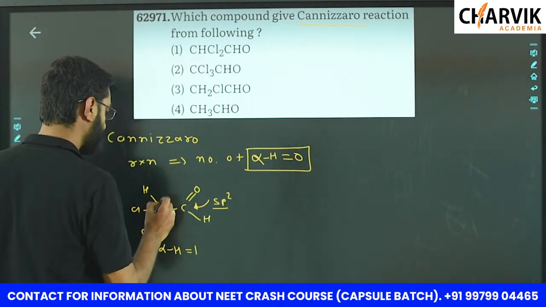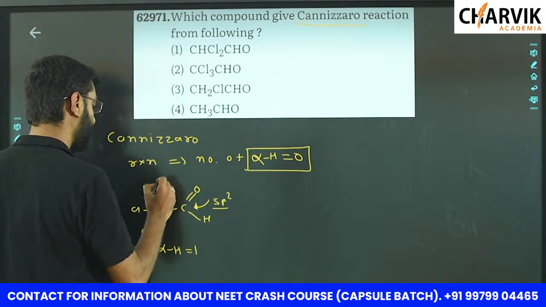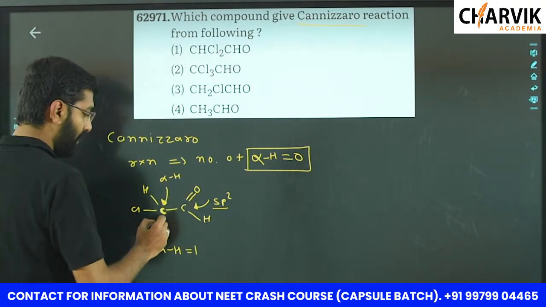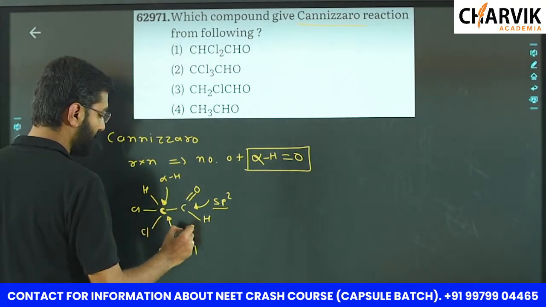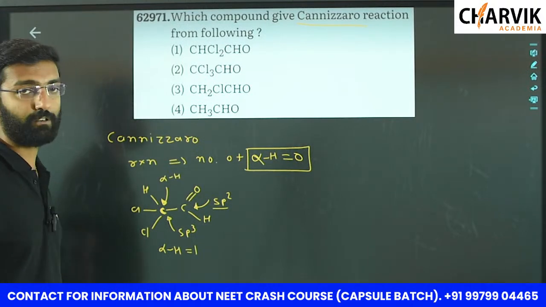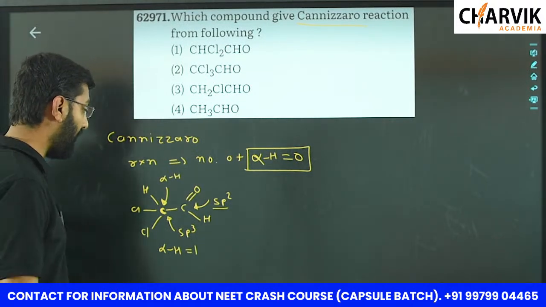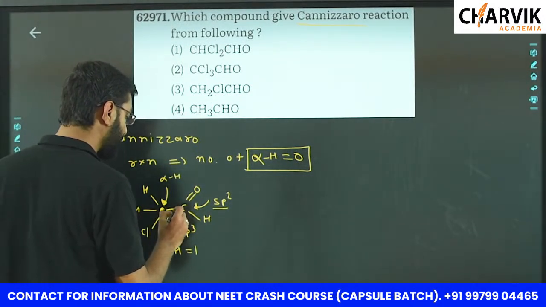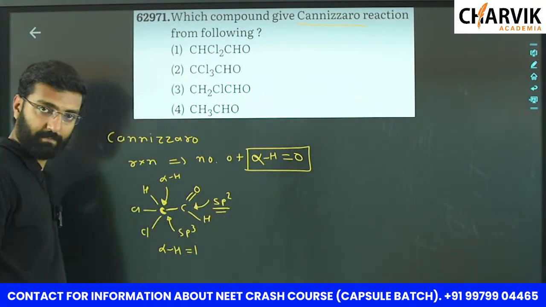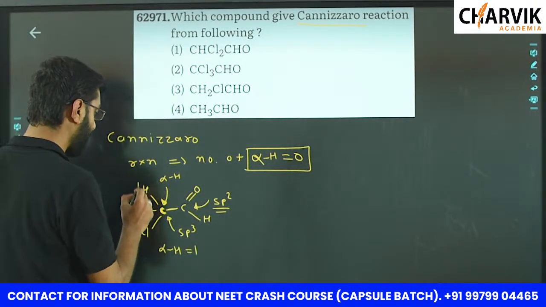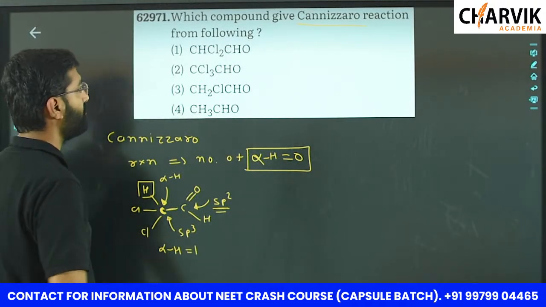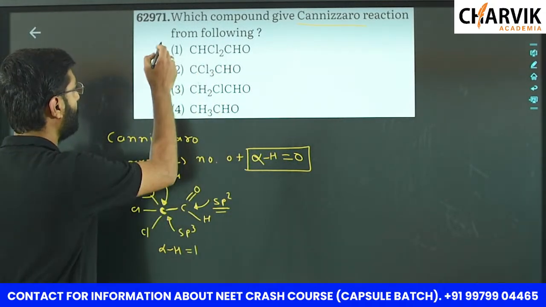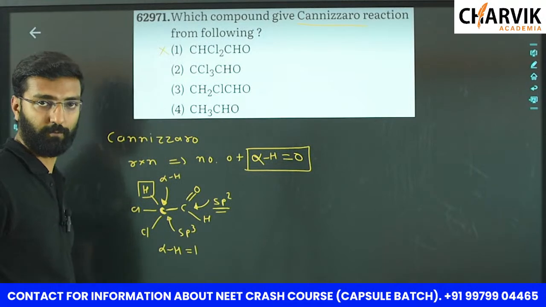So this carbon is the alpha carbon, and its hybridization is sp3. The definition of alpha carbon is that it must be attached to an sp2 carbon. The number of alpha hydrogen is 1, so in the first case Cannizzaro reaction will not occur.